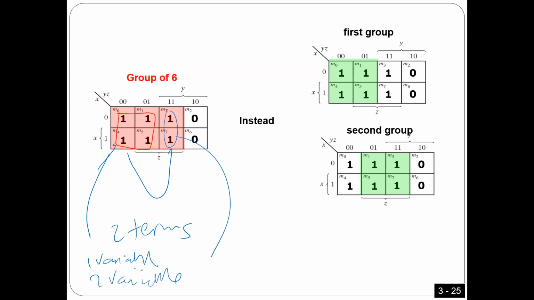It's correct, but not the most simplified one. The most simplified one is where I make this group bigger. If I take these two with these two, I can make a bigger group. This way, I can reduce the number of variables in this term from two to only one. So this is the main thing.